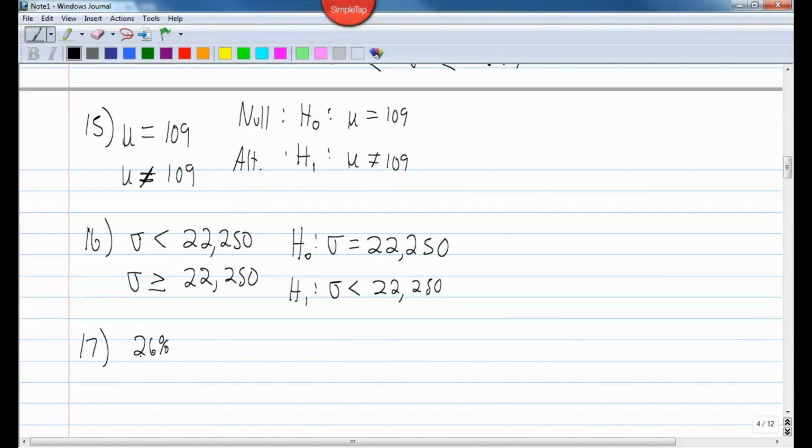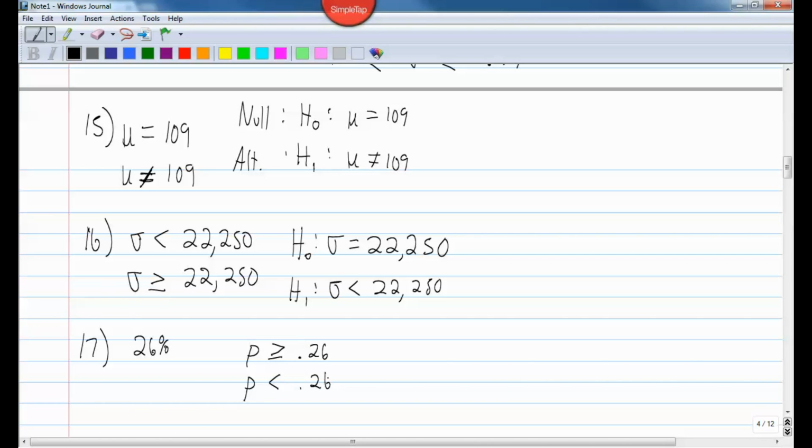It said at least 26%. So proportion is at least. That means greater than or equal to 0.26. At least 26% is greater than or equal to. So the opposite of that is just going to be less than. You don't put the equal to bar. It's just less than.